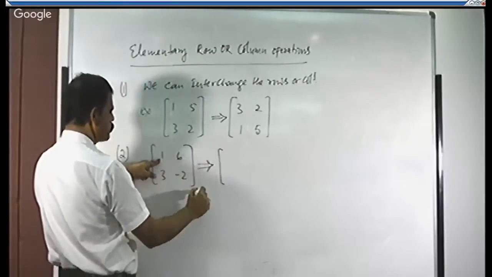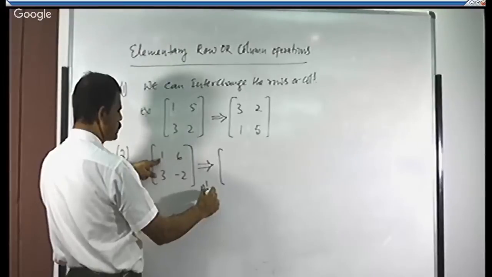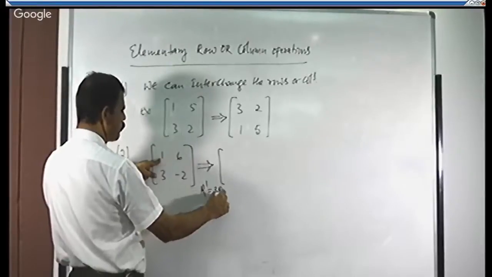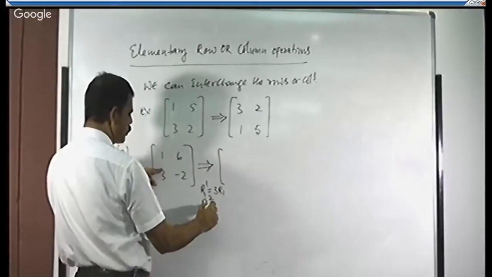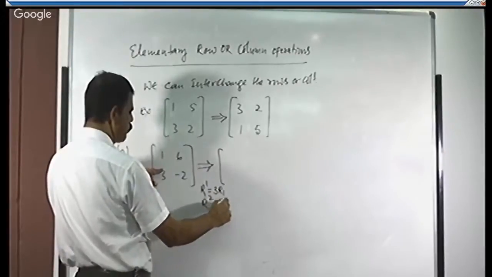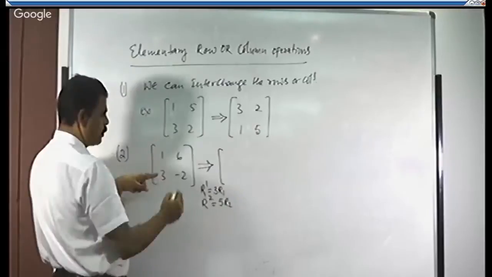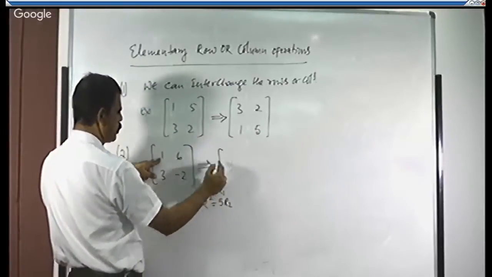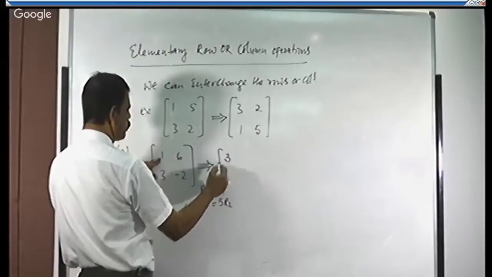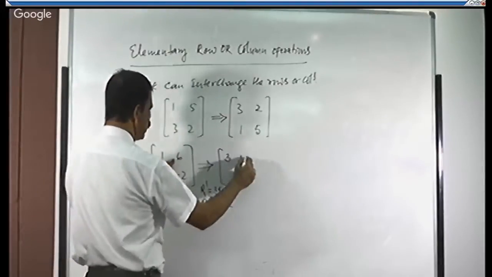Suppose I want to change first row as 3 times of first row. I can change second row as 5 times of R2. It means all the elements of first row should be multiplied with 3. That is 3 into 1, 3, 3 into 6, 18.